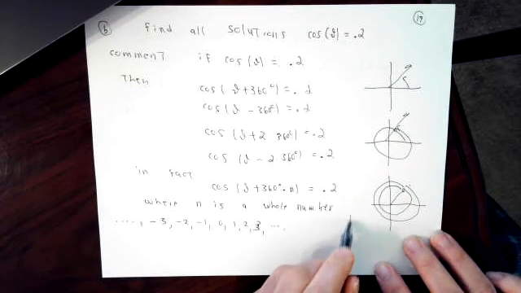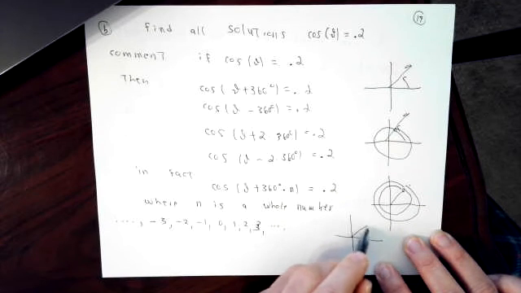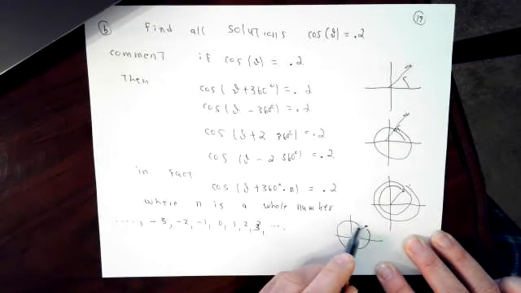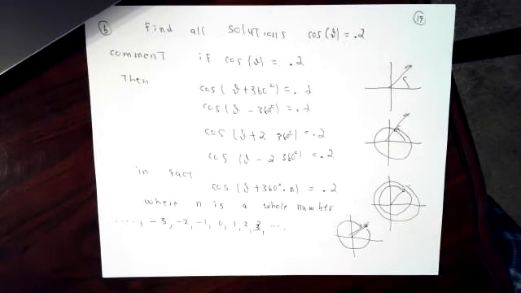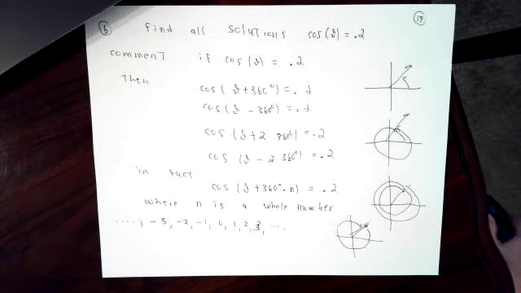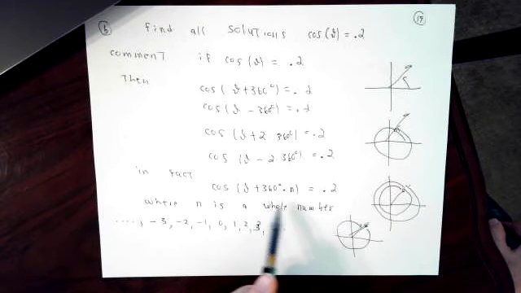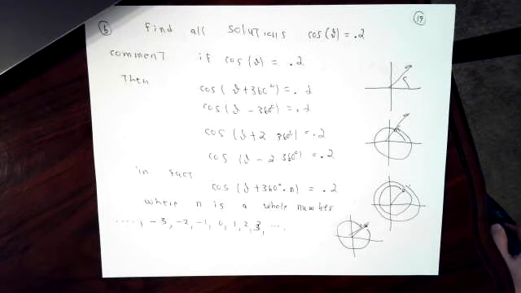You could form your angle and then subtract 360 degrees from it, and you would end up at the same terminal side, so cosine would still be 0.2. So if I have one angle that will work, then anything that looks like theta plus 360 times a whole number will also work.